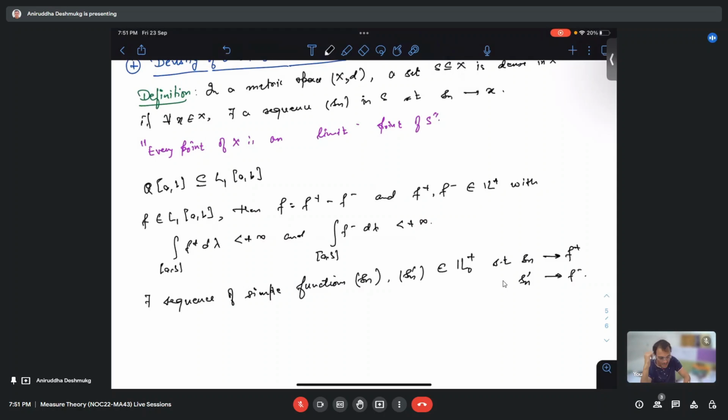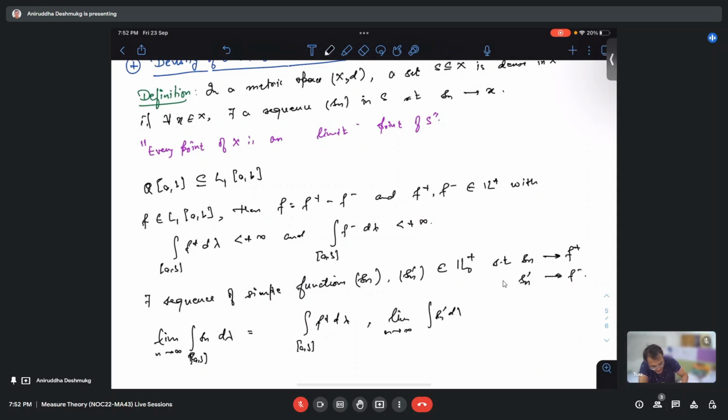Now what we know is that limit n going to infinity of the integral of Sn over AB d lambda is equal to the integral over AB of f plus d lambda, and the limit of the integral of Sn prime d lambda over AB is the integral of f minus d lambda over AB.